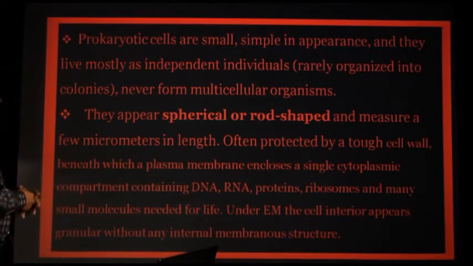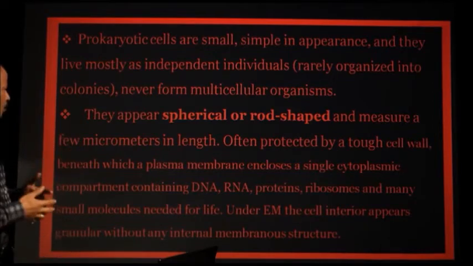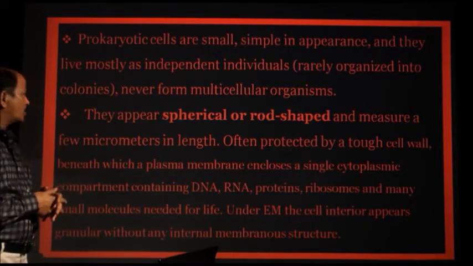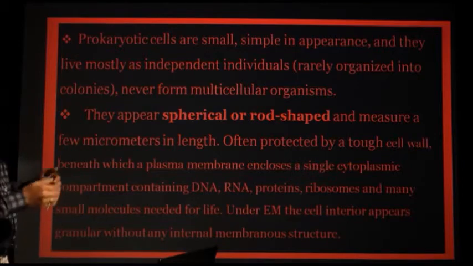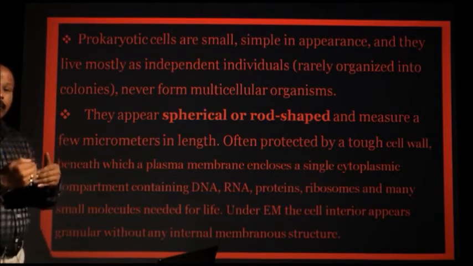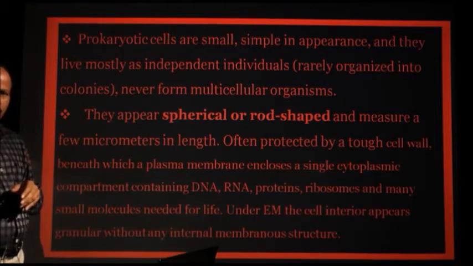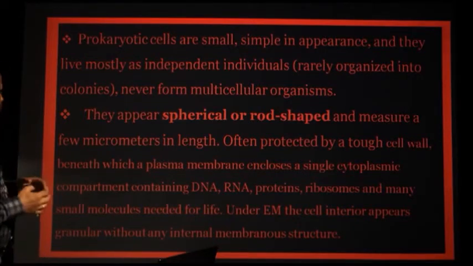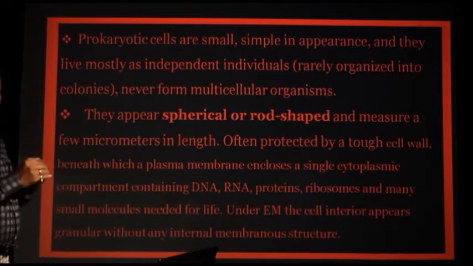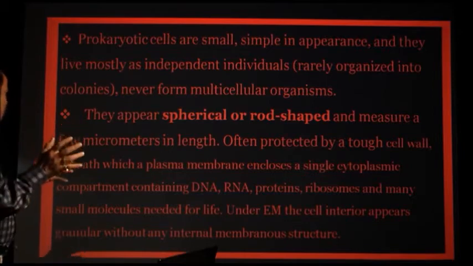Often the prokaryotes are protected by a tough cell wall, and below the cell wall there is the plasma membrane. The only type of membrane in a prokaryotic cell, present below the cell wall, is the plasma membrane, right? And the plasma membrane is the real boundary of all cells, so to say.